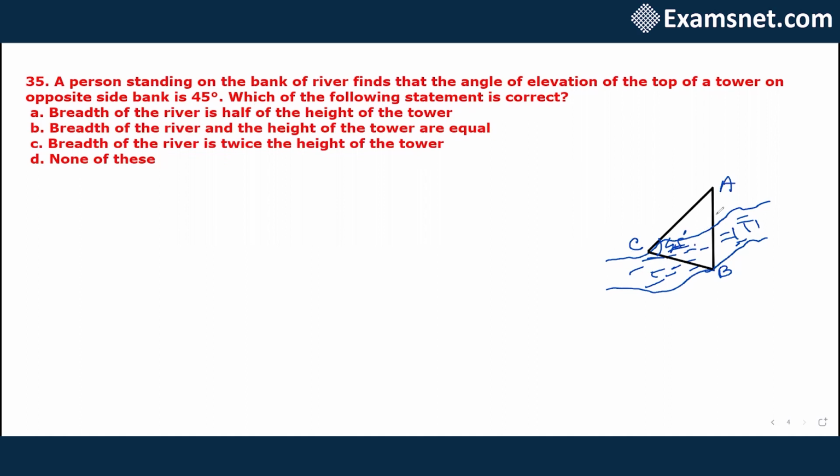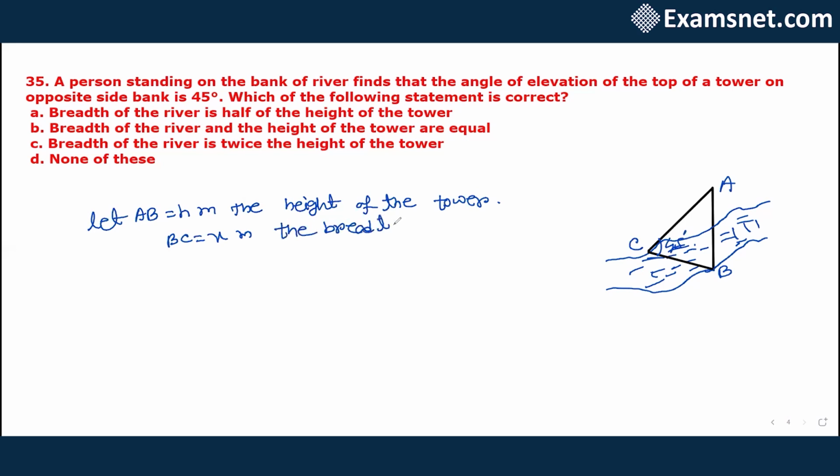We don't know the height of the tower and the breadth of the river, so we can assume AB equals h meter, the height of the tower, and BC equals x meter, the breadth of the river.